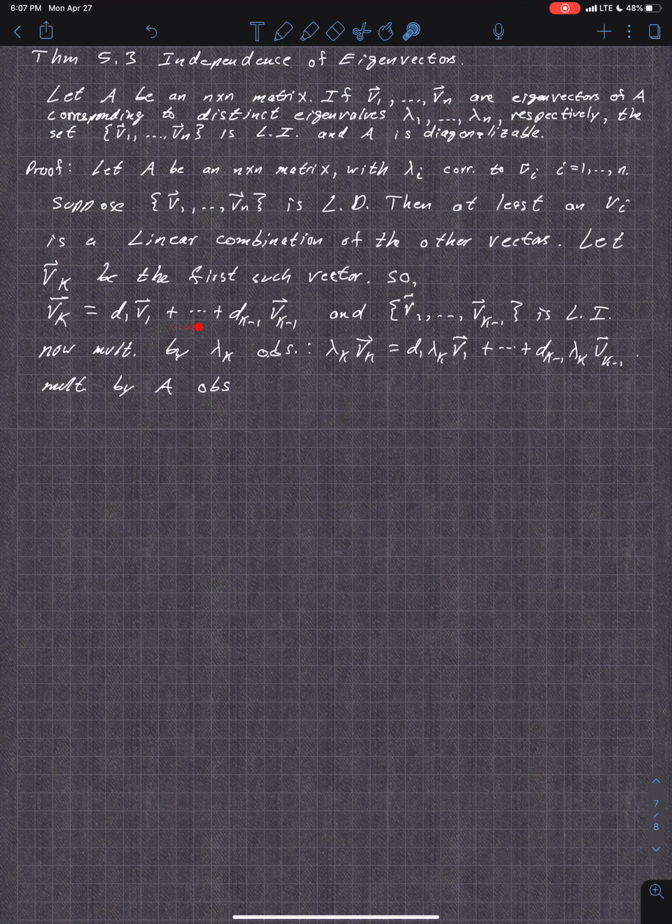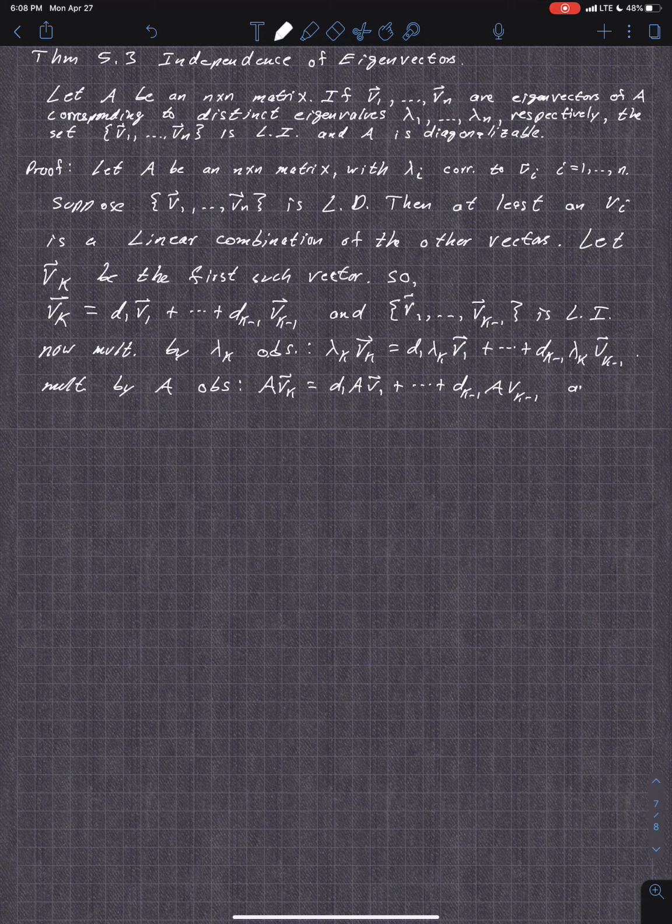Then you get A v sub k equal to d1 A v1 plus etc. to d sub k minus 1 A v sub k minus 1.